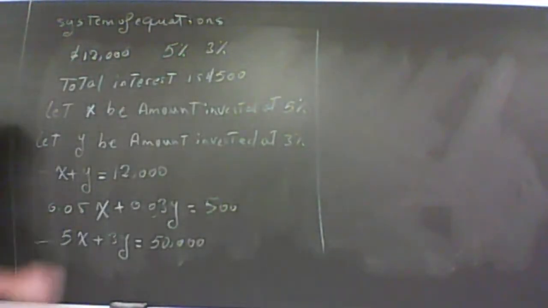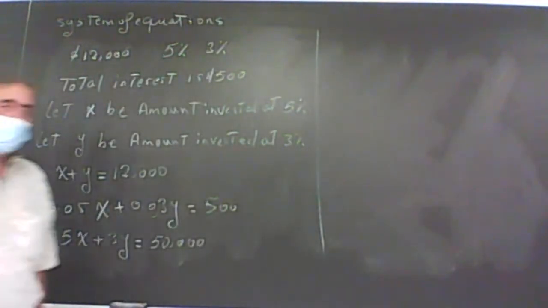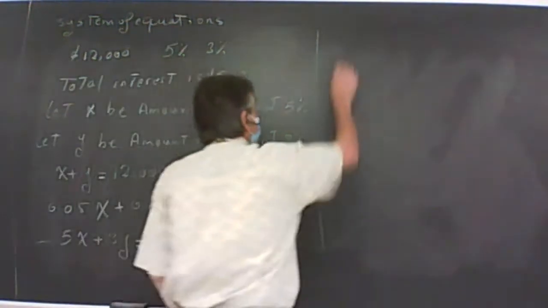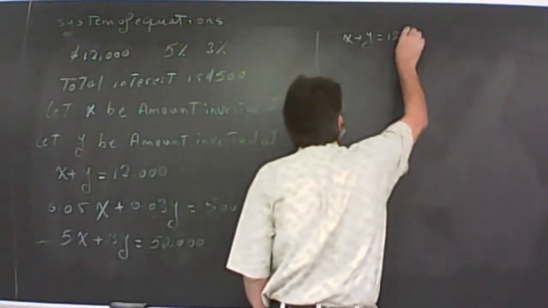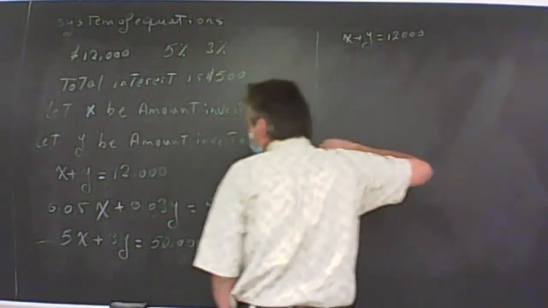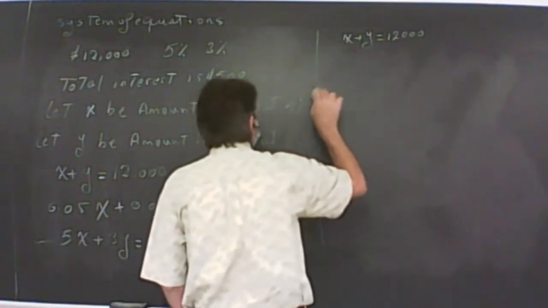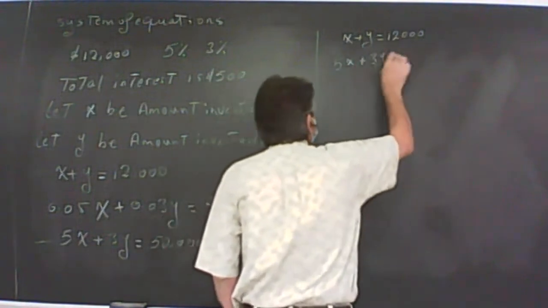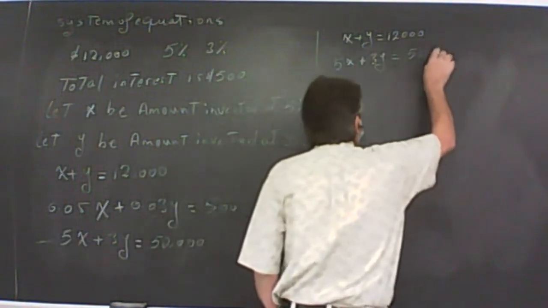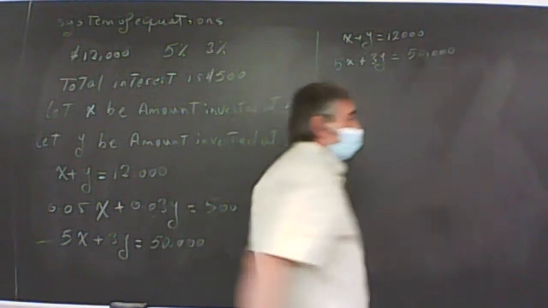Now we have this system of equations. Equation 1 says x plus y equals 12,000, and equation 2 says 5x plus 3y equals 50,000.